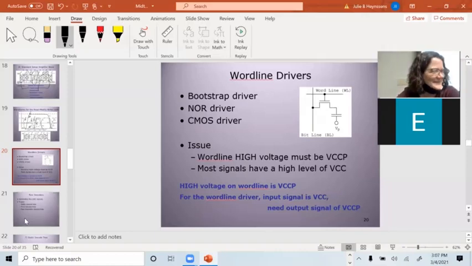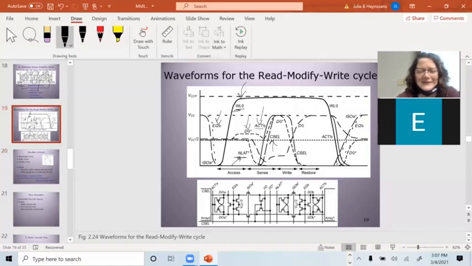What is the D0 signal doing on the last one? Oh, yeah, D0 star. D0 star makes sense to me. Remember, there are two sides to the sense amp.